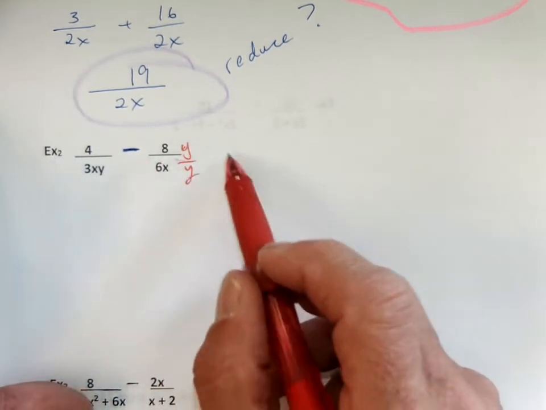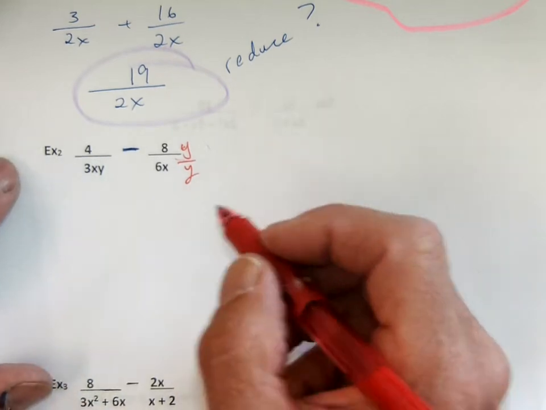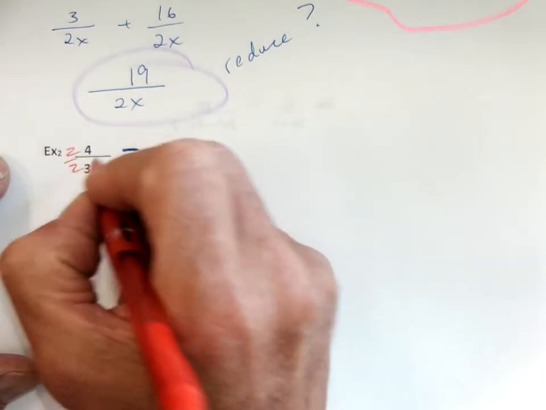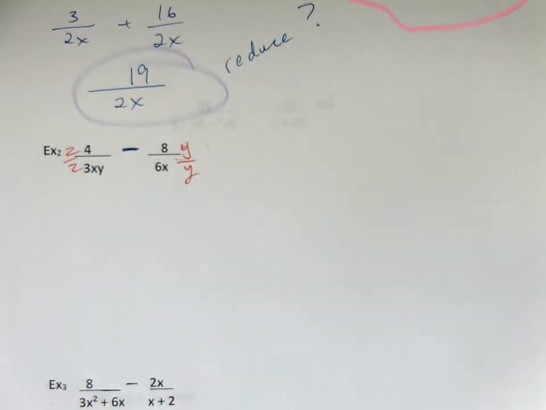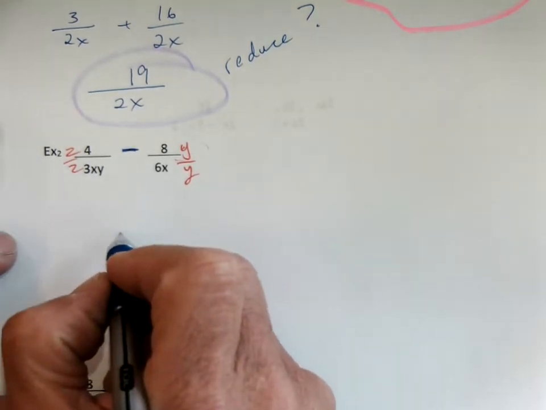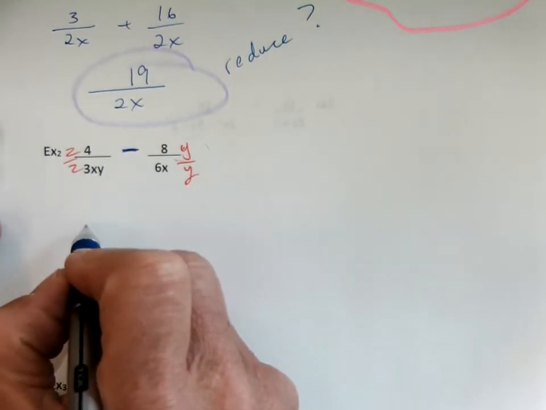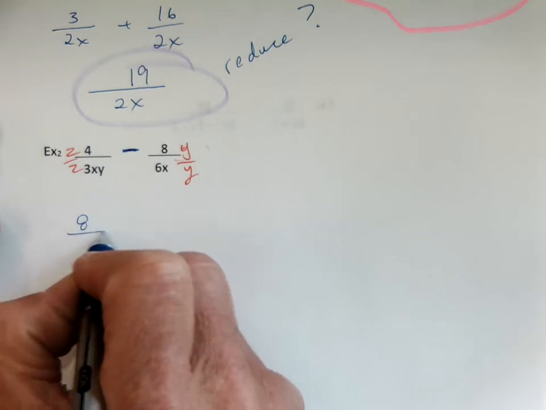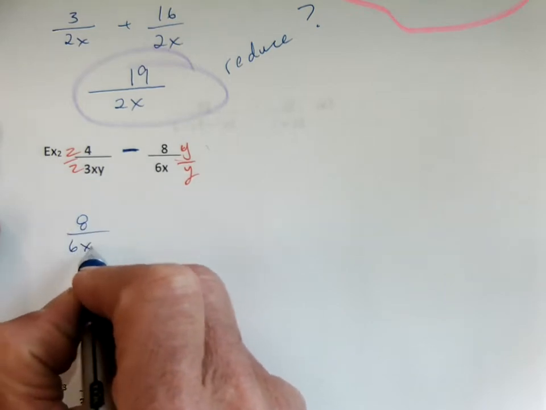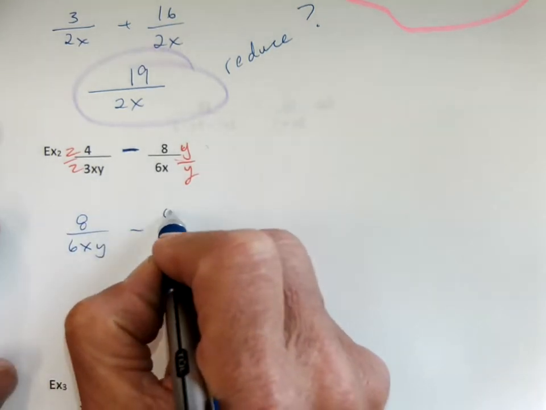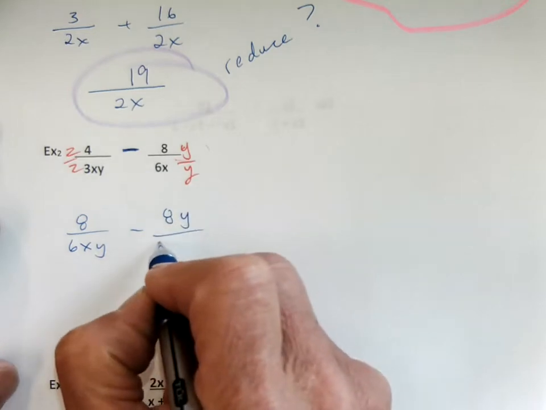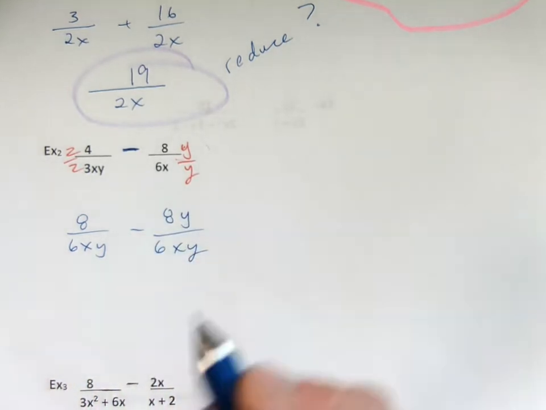We need to make this 6xy, so I agree with the 2 over 2. So then we have a common denominator. I'll have 8 over 6xy minus 8y over 6xy, right?